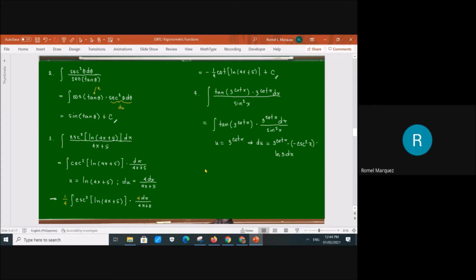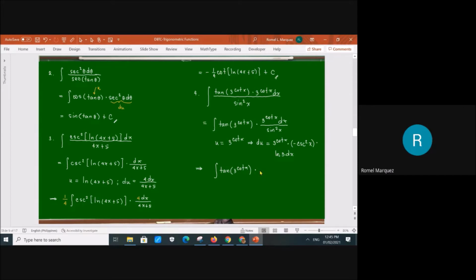So this integral now, I can have it as what? Because we are going to supply 3 here, and we know that together with negative, 1 over sine squared is cosecant squared. So I will rewrite that into tangent of 3 to the cotangent x, and then I will be applying correction factor.